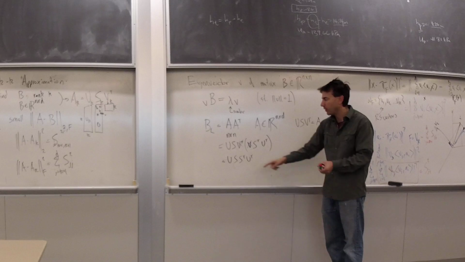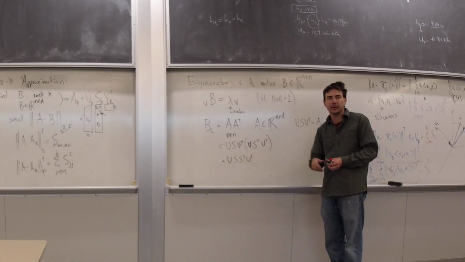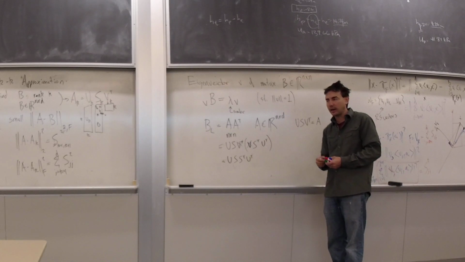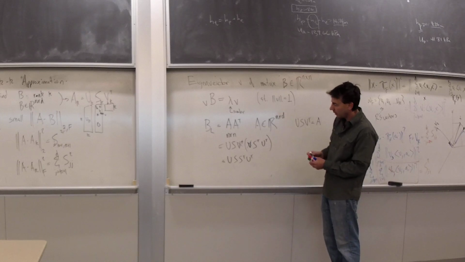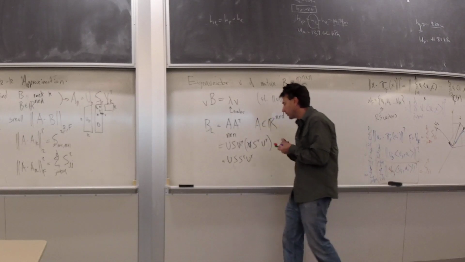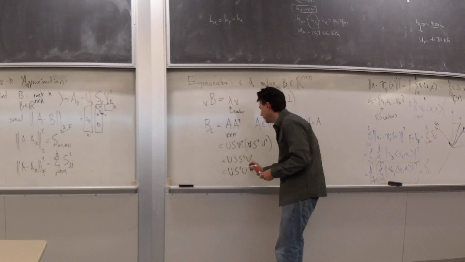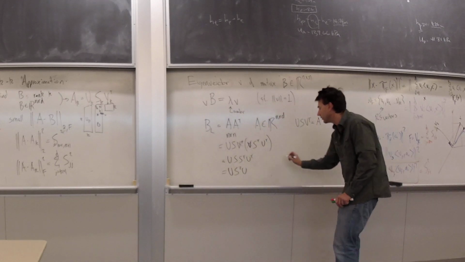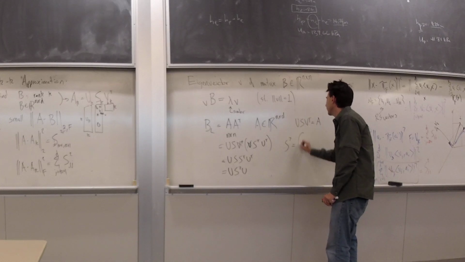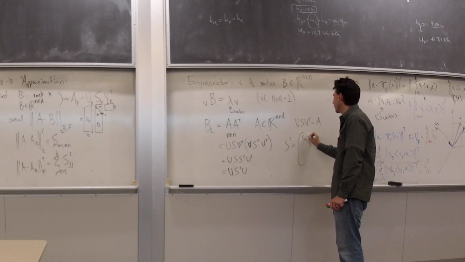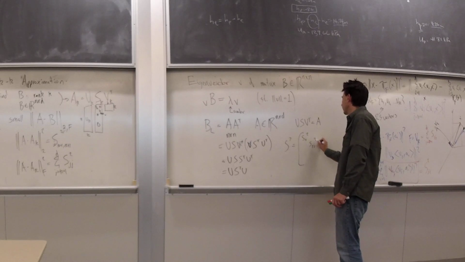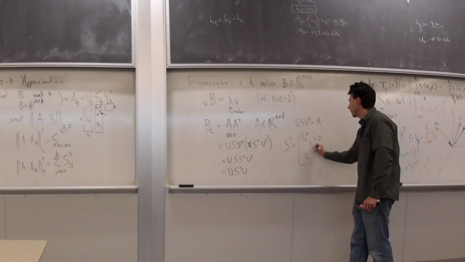S times S transpose, well, S transpose doesn't do anything because it's a diagonal matrix. So this is basically going to be U S squared U transpose. So basically what this means is that S squared is equal to S11 squared, S22 squared, and so on.